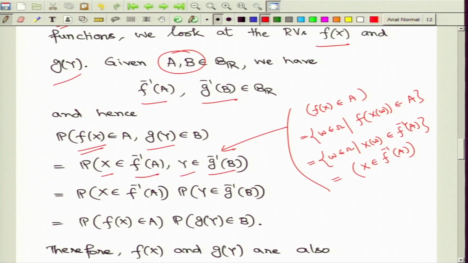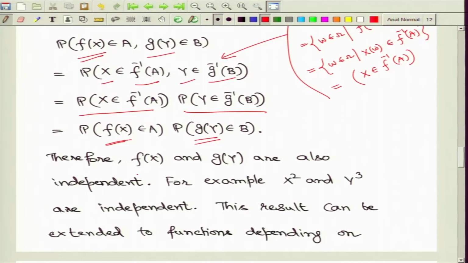Once we have this, we appeal to the given independence of the random variables x and y. So, here we can split the probabilities in terms of the individual events involving x and y. But now we go back in the argument and write in terms of the random variables f of x and g of y, and what we end up having is that the new random variables f of x and g of y must be independent of each other.